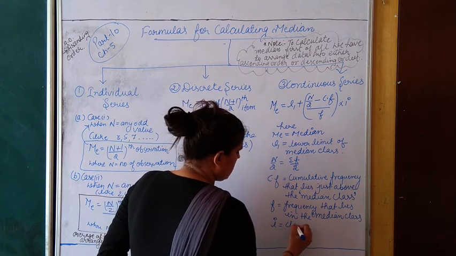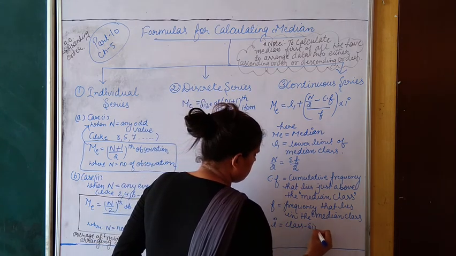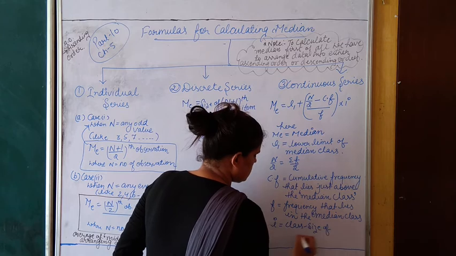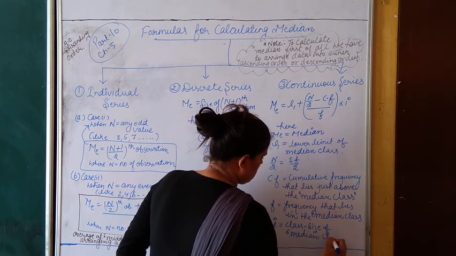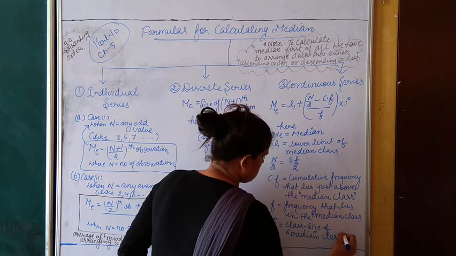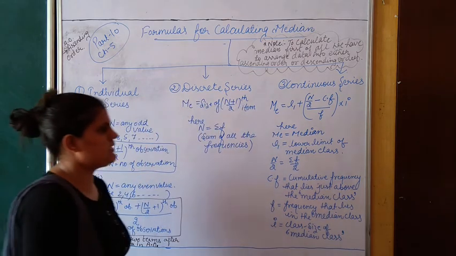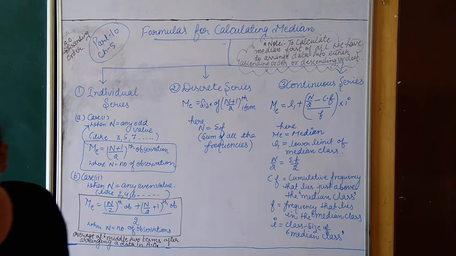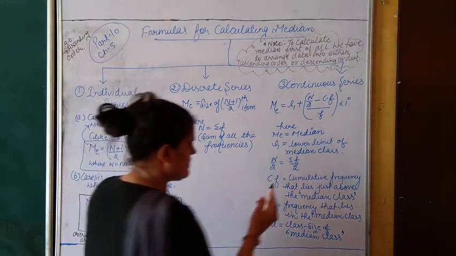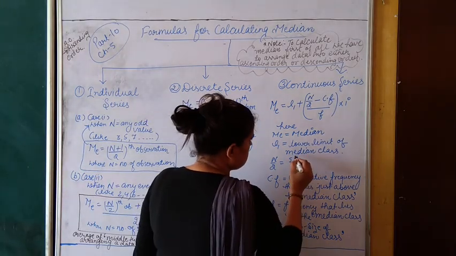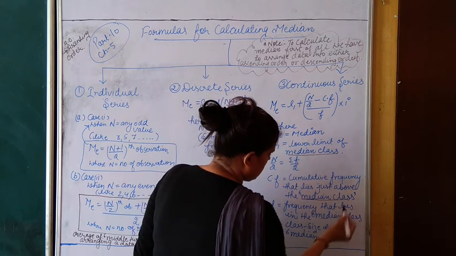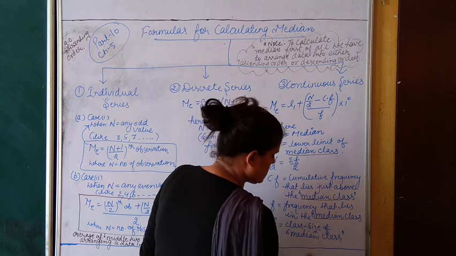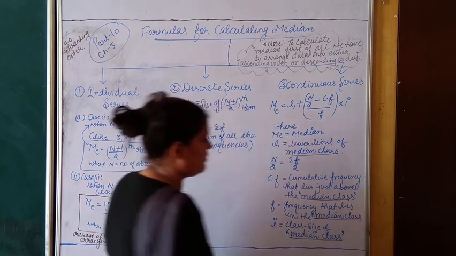I is your class size of median class. So you might be seeing that everywhere I have used a special word, that is median class. Here also median class, here also median class, and here also median class.